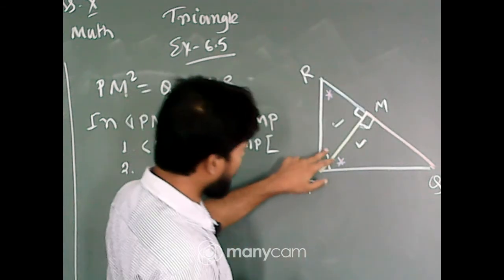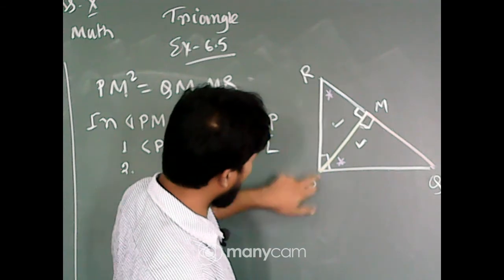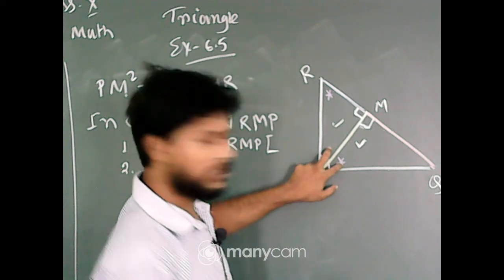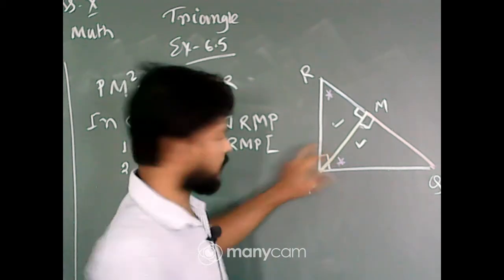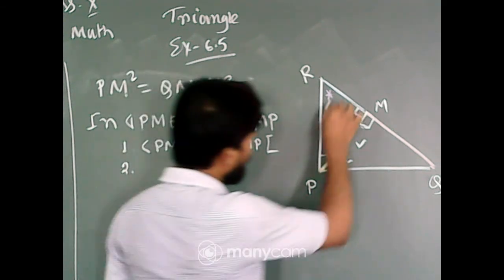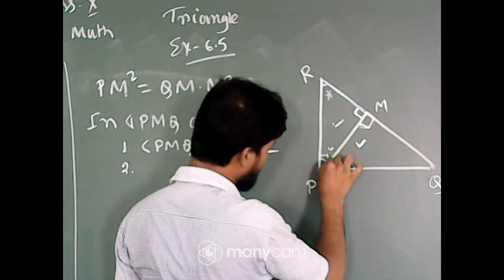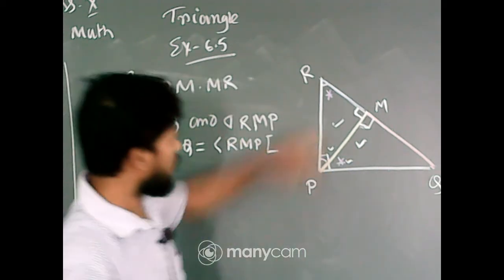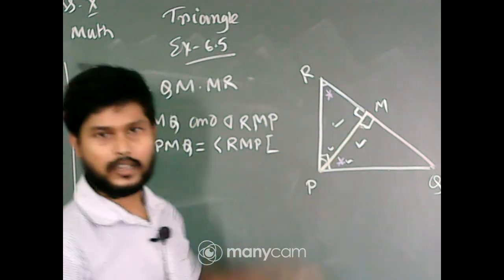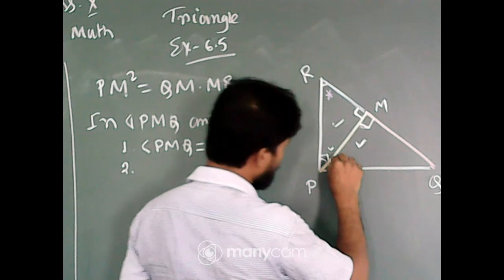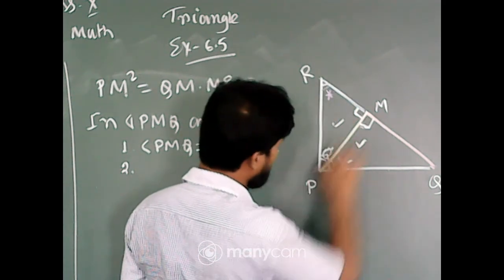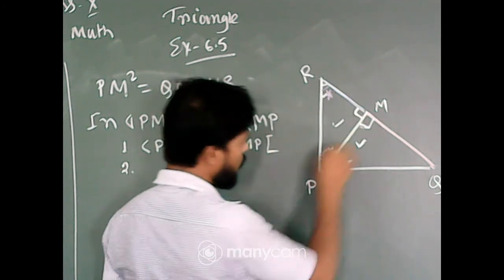Now look, if I add these two angles, angle RPM and angle QPM, the result will be equal to 90 degrees. Means these two angles are complementary angles. Also, if I add this angle and this angle, the result will also be 90 degrees. Means angle RMP and RPM are complementary angles. So these two angles are complementary angles of this angle RPM. So obviously they must be equal.